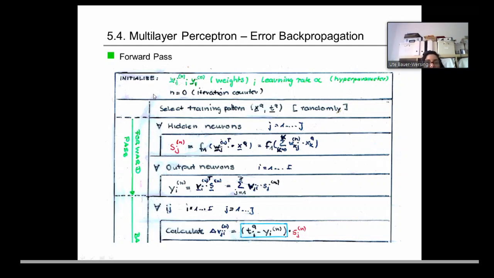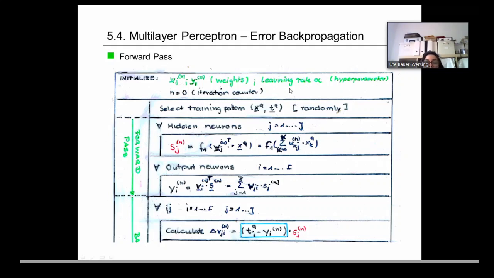What we start with is an initialization phase. Since we have an iterative approach, we have to initialize our variables: the weight vectors of the hidden neurons, and the weight vectors of the output neurons. And of course, this includes the bias values.